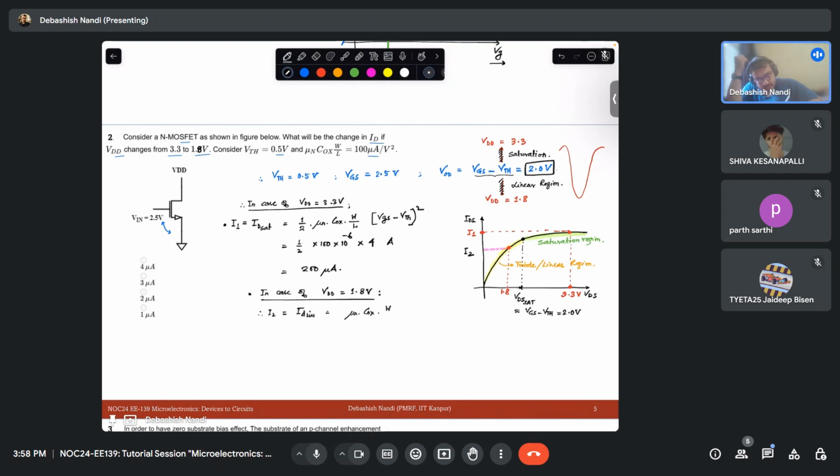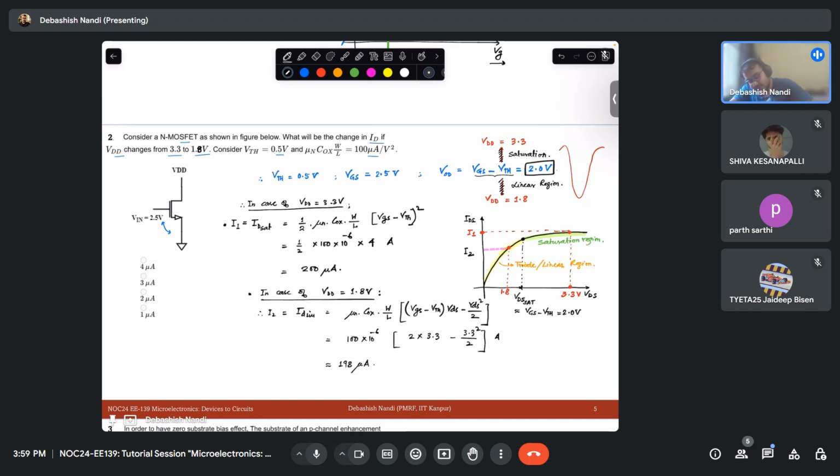Mu n C ox W over L, then VGS minus VTH times VDS minus VDS square over 2. So this is 100 into 10 raised to minus 6, and then 2 times 1.8 minus 1.8 square over 2 ampere. If you compute, it will come out to be 198 microampere.